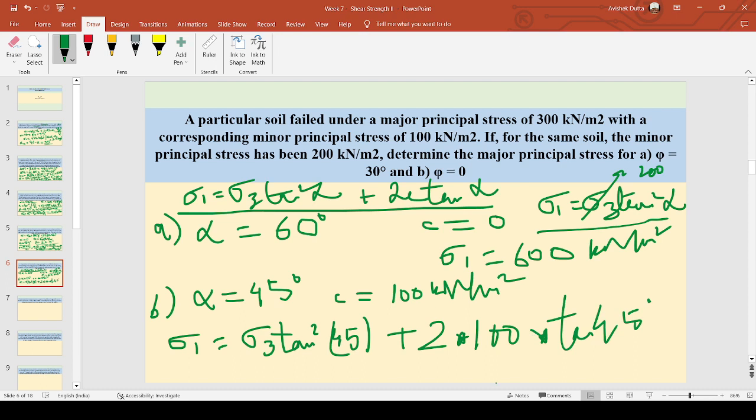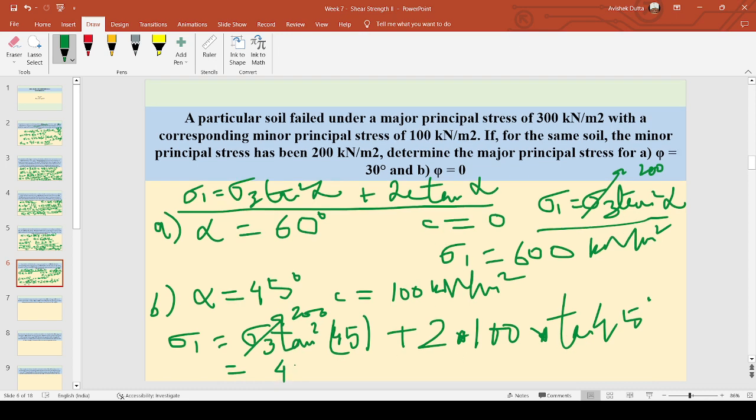This is the equation. Now placing sigma 3 as 200 in the second case, in the second case sigma 3 is 200. We get a value of sigma 1 as, okay, tan 45 is 1, so 200 plus 2 into 100, 200, gives us 400. Very simple.